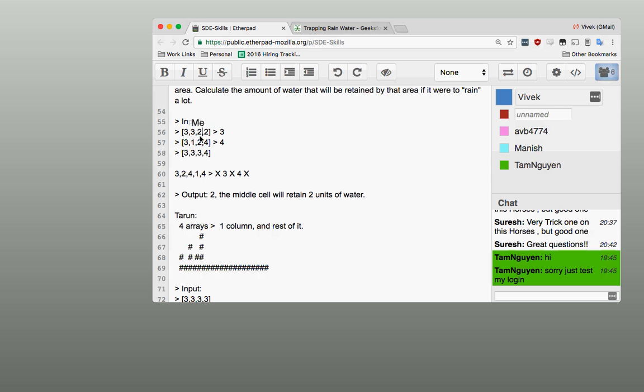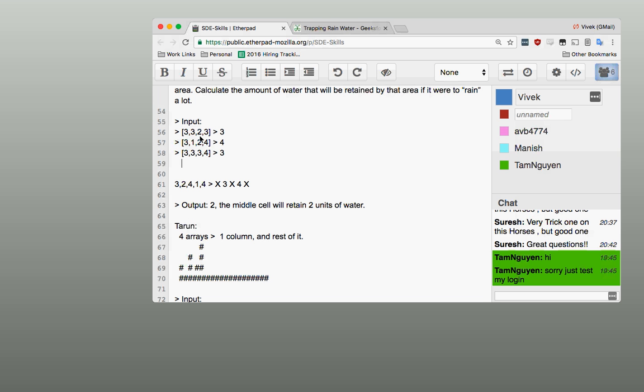So in this case, the way I would have done it is if this had been a 2 and a 3, the way this works is the first column says 3, this one says 4, and then this one says 3, right? Lower of the 2, right? Vertically speaking, this one is a 3, this one is a 3, this one is a 2, and this one is a 3.